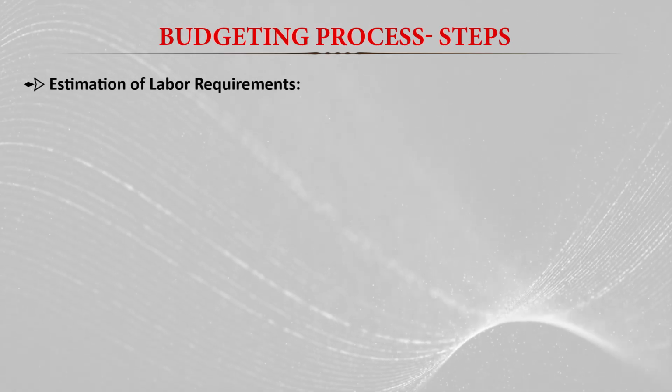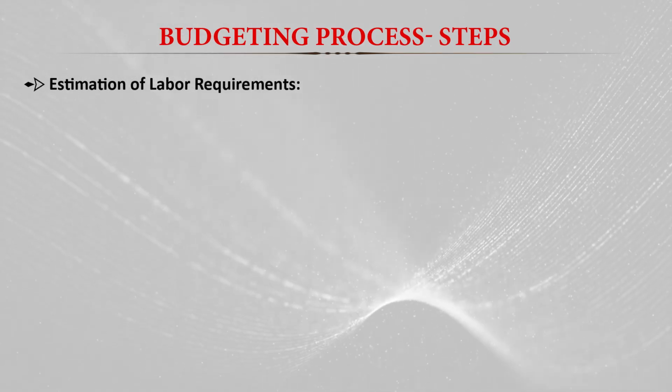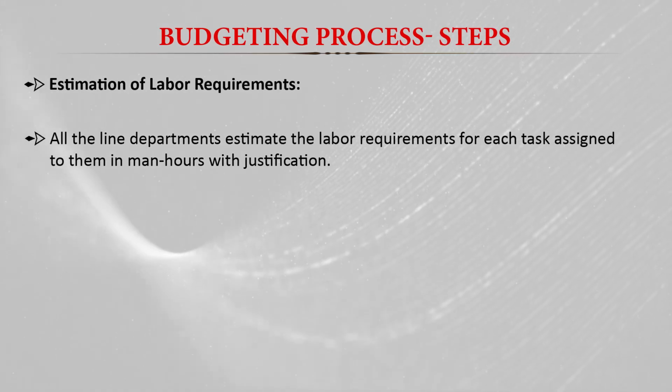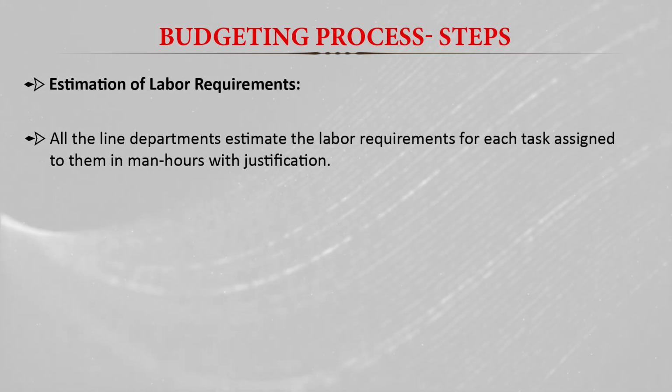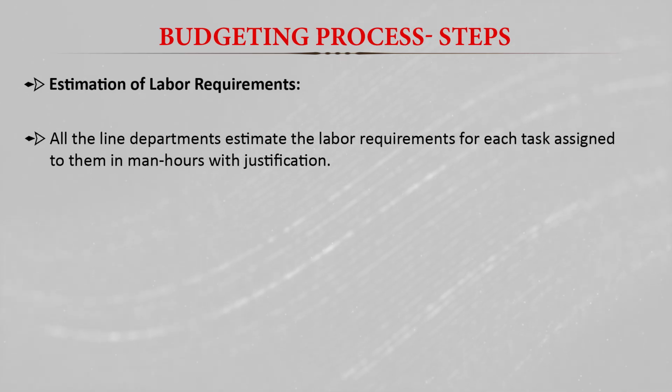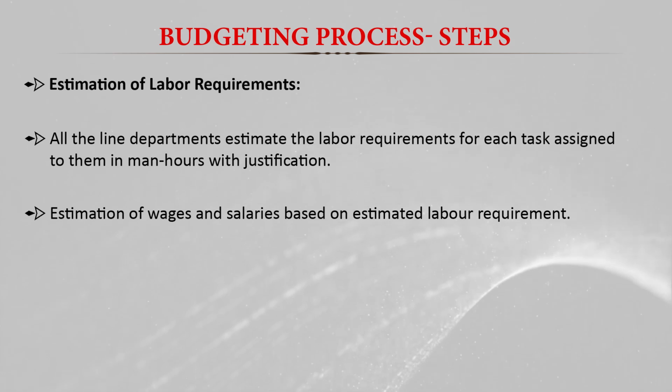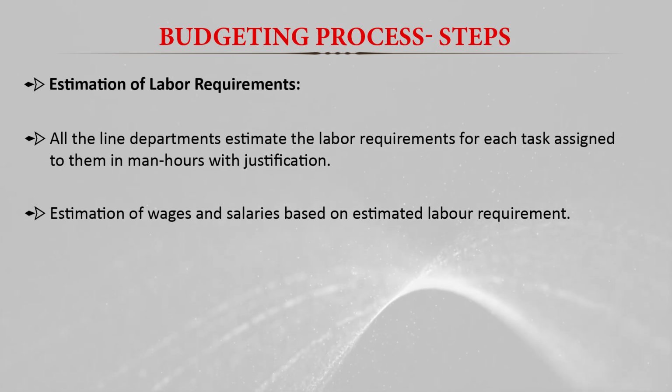Then the second step is the estimation of the labor requirements. So all the line departments estimate the labor requirement for each task assigned to them in man hours with justification. Then they estimate the wages and salaries based on the estimated labor requirement.